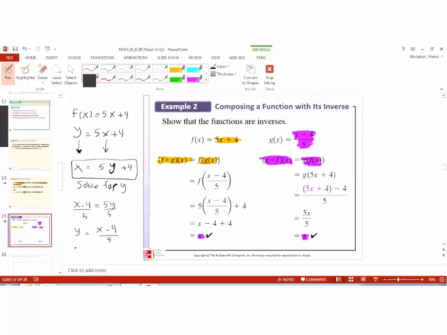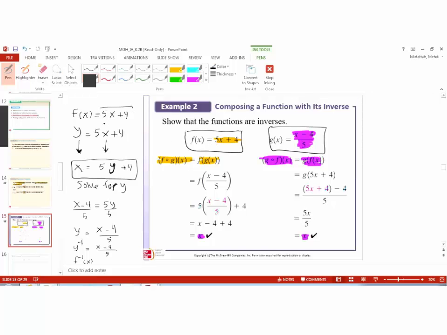Now this is the inverse function. They put the symbol here, minus 1 on top of f. That is the inverse function, or sometimes you write it as f minus 1 of x. Same thing. And as you see, that becomes this.